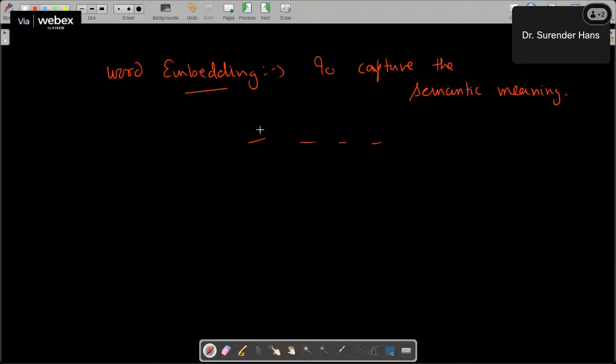The word embedding will assign a number based on what kind of context the word is used in. So accordingly, it will assign a number. Let me explain with this example.